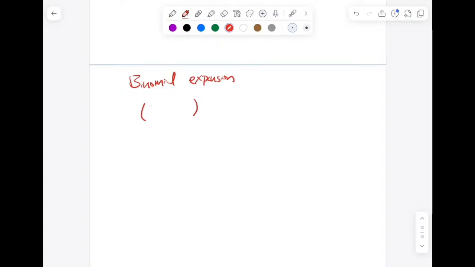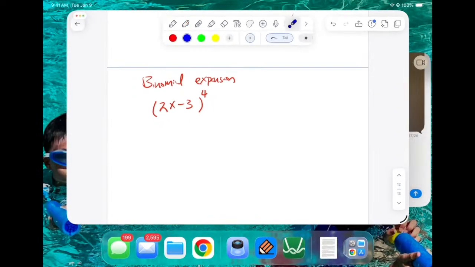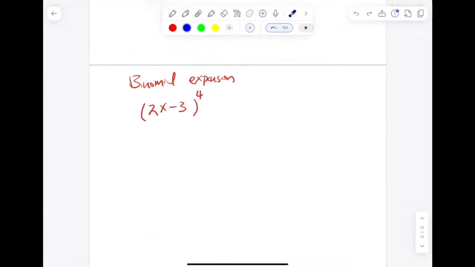So for example, if I have 2x minus 3 to the 4th power, and I were to expand it normally, it actually takes a long time. Especially if you get to 5, then that's going to be a really long time. So remember, if this is greater than 3, then I will probably do binomial expansion. That's just me. And you're going to say, well, what is binomial expansion?